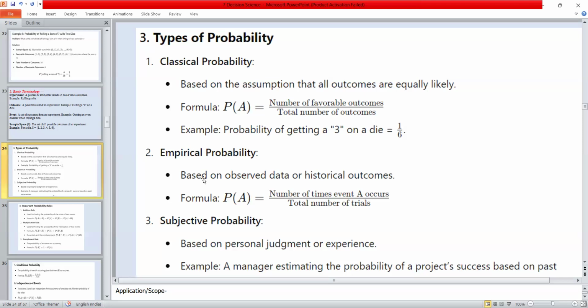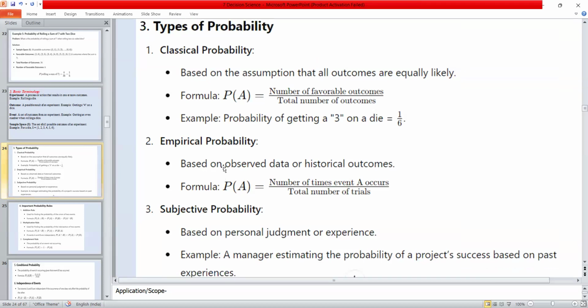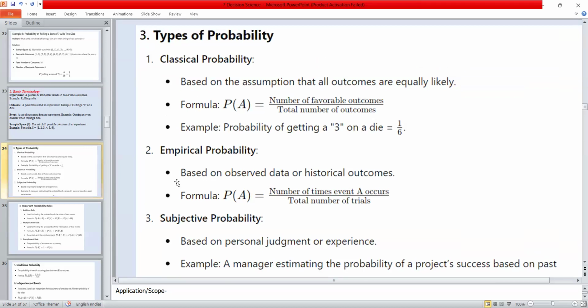Like take Tata Motors, the chairman of Tata Motors is Ratan Tata. Okay, if Ratan Tata is taking a decision based on his experience or judgment, then it is called subjective probability. Example: a manager estimating the probability of project success based on past experiences. Okay. So these three types of probabilities we have discussed.